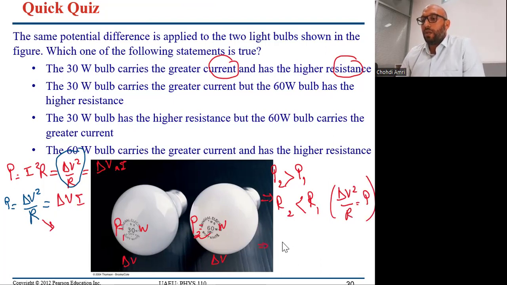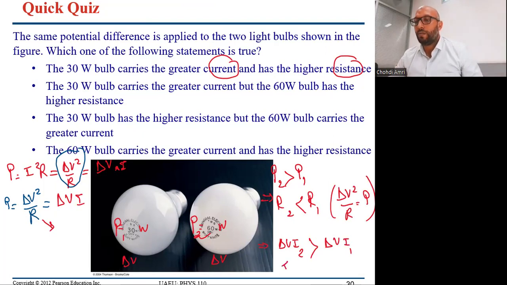The same way, to get higher power, that means we need higher current. So that means I2 is greater than I1. We are done.